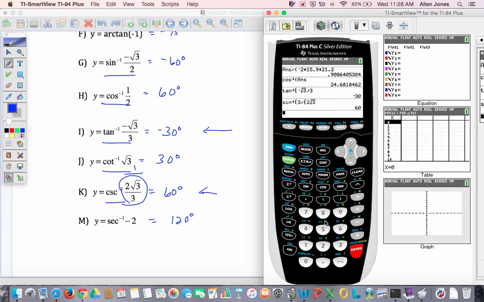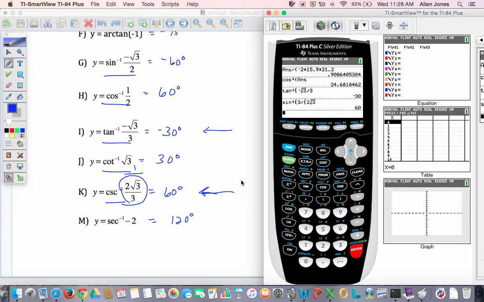And that will give me my positive 60 degrees. So again, calculator version also works with this. The directions on some of these are going to say don't use the calculator, but honestly, it's not going to make a hill of beans difference. So it might be something that you use.